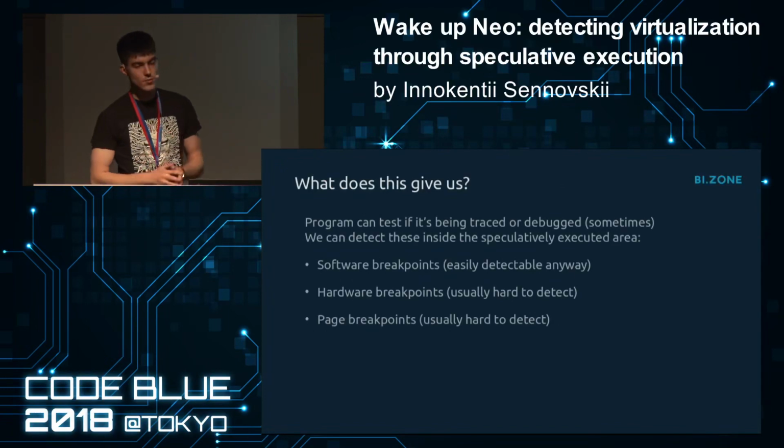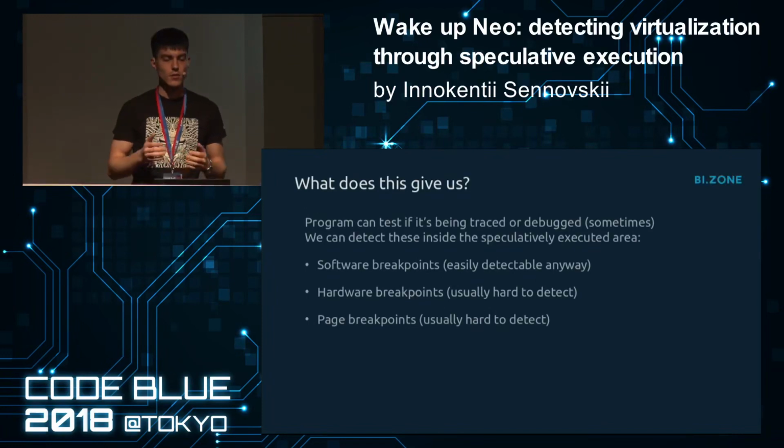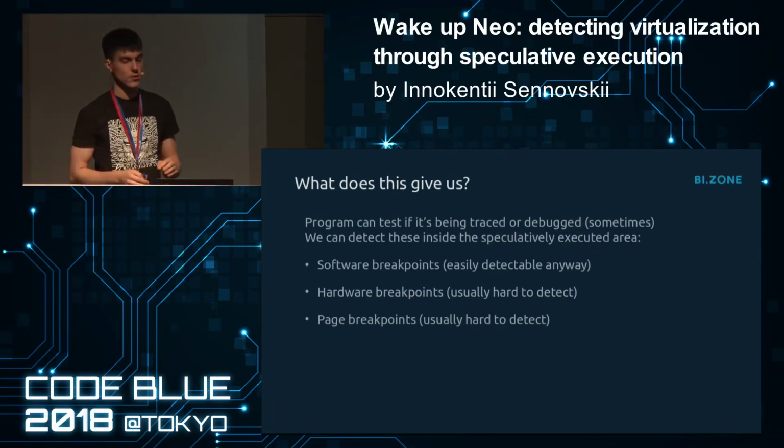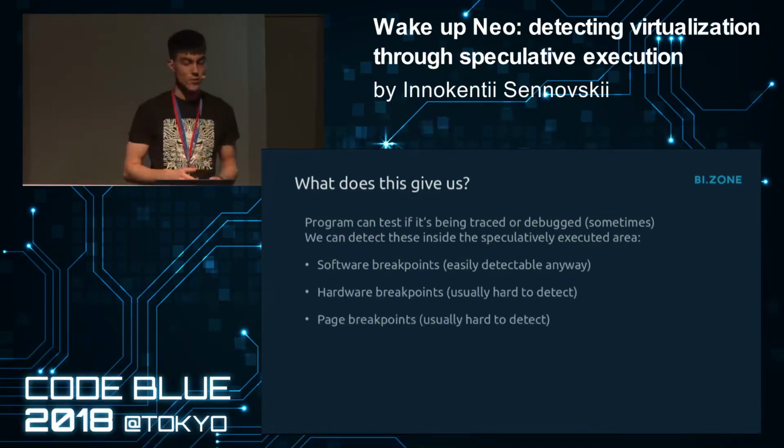Basically, malware, for example, or some digital rights management solutions, can use this to detect software breakpoints, but they're usually easily detectable anyway, just by reading the memory and checking if anything has changed.